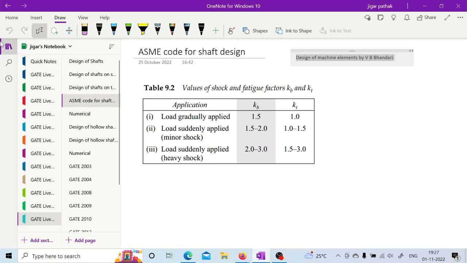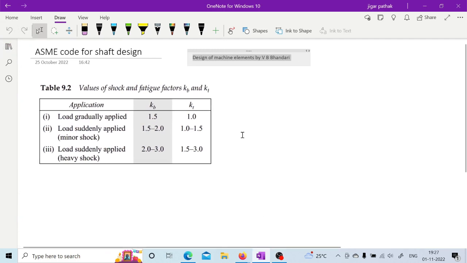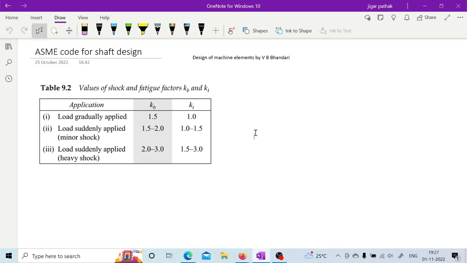Based on the different types or nature of load acting on the shaft you are designing, you can consider Kb and Kt. These Kb and Kt will be multiplied with your Mb and Mt accordingly while calculating your equivalent bending and torsional moment.